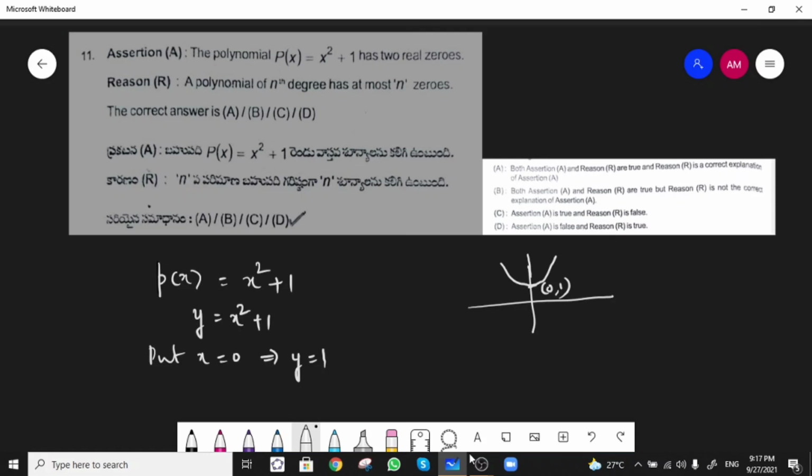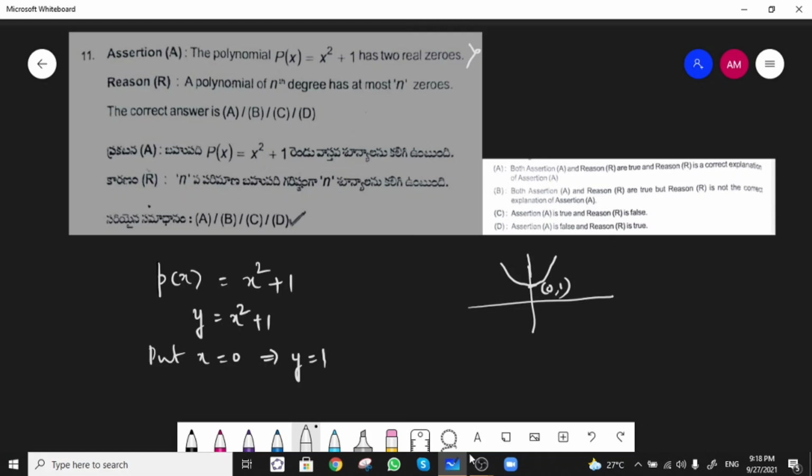It is upward since the x square coefficient is greater than 0. This is the parabola. Does this parabola touch the x-axis at any point? No. So it has no real roots. So A is false. A is false means we have only one option, D, and let us check the reason also. A polynomial of nth degree has at most n zeros.